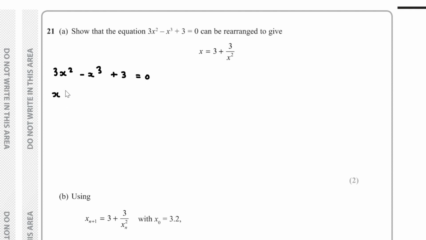If we rearrange, we have x cubed equals 3x squared plus 3, and if we divide through by x squared, you'd find x to equal 3 plus 3 over x squared. So that's what we wanted to show.